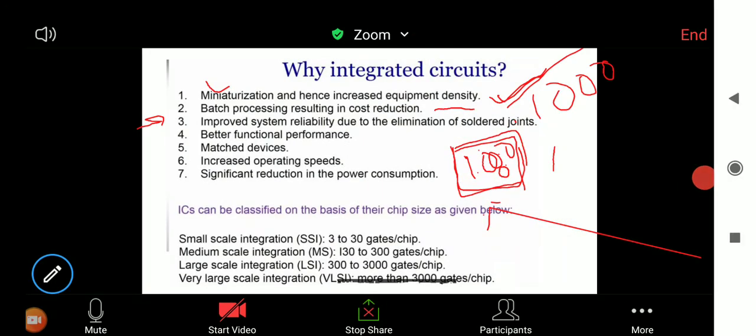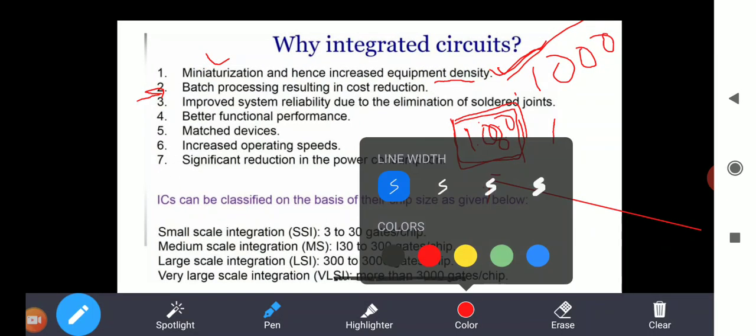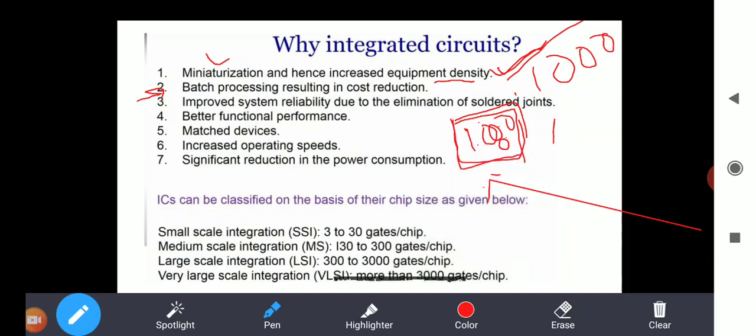I am fabricating 1,000 transistors at a time, and instead of fabricating 1,000 transistors, I can fabricate 10,000 transistors at a time.